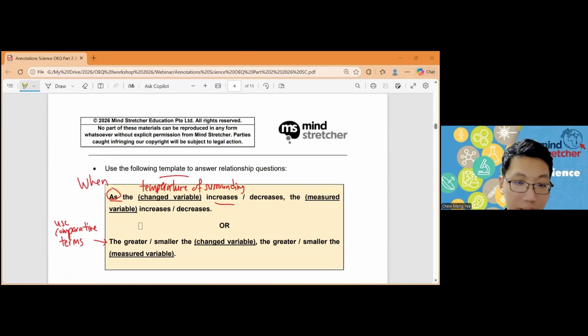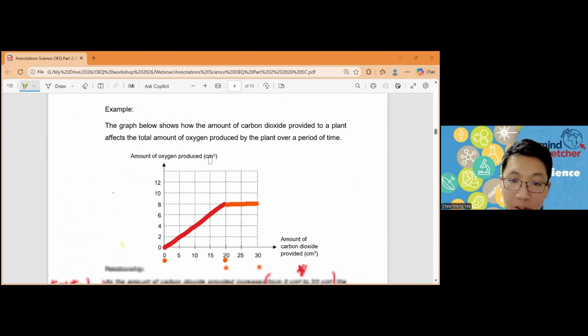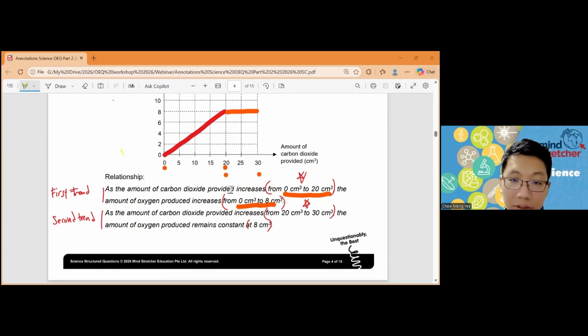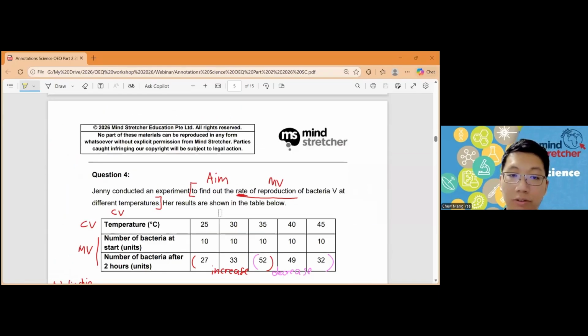It's easier to use the first template because it allows me to include the values. You see, as the amount of carbon dioxide provided increases from what to what. If you use the second template, you can't really include the values. So use the first one.